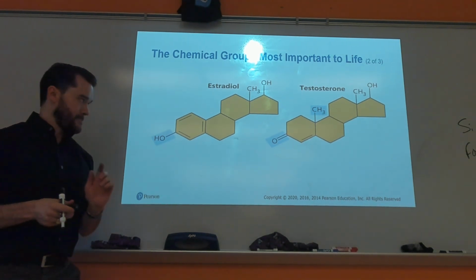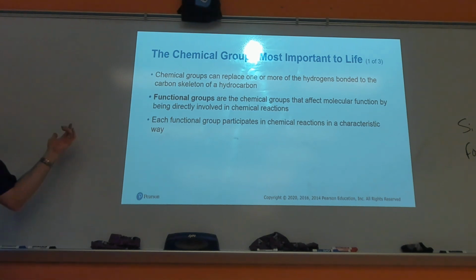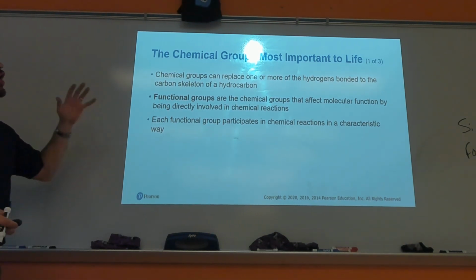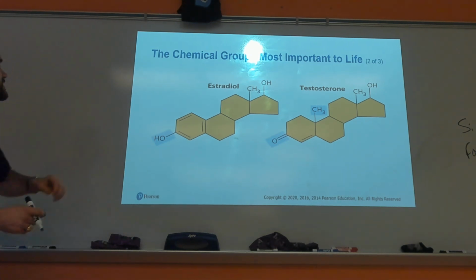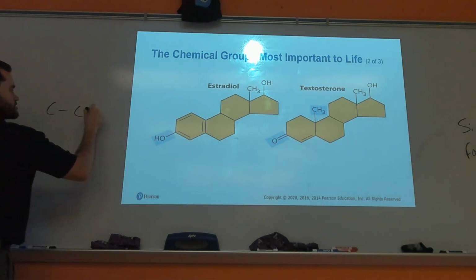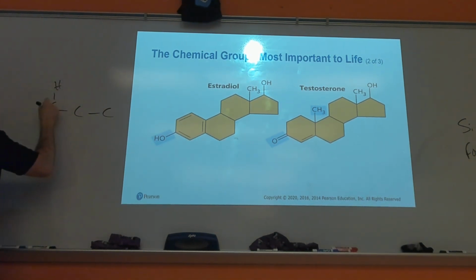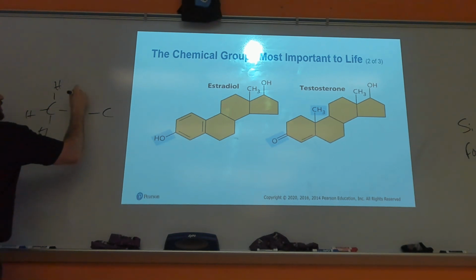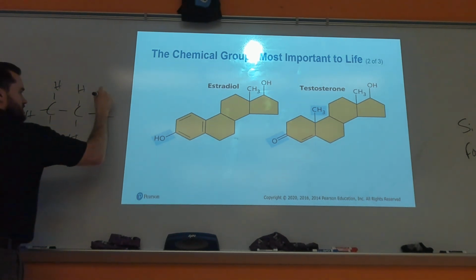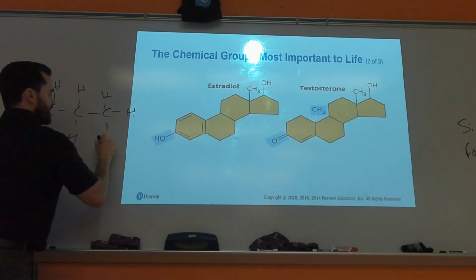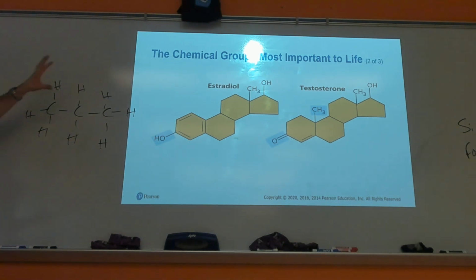Okay, all right. Let me make sure I said everything here. Oh, what is a functional group? Basically, you'll have these carbon chains where the basic template, the default, is all these hydrogens.